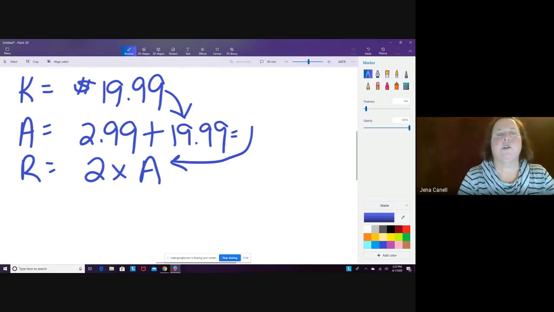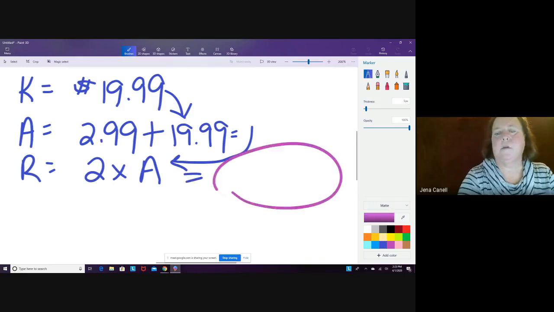So first, solve for Amir. It says, how much did Raul spend? So this is what we're looking for our answer. But in order to figure that out, we need to first figure out how much did Amir spend. So you need to add 19.99 plus 2.99 and then put that into your equation. Multiply that by 2 and you'll have your answer for Raul.